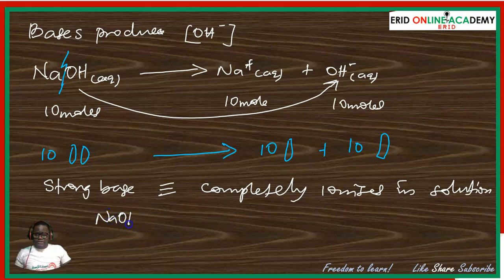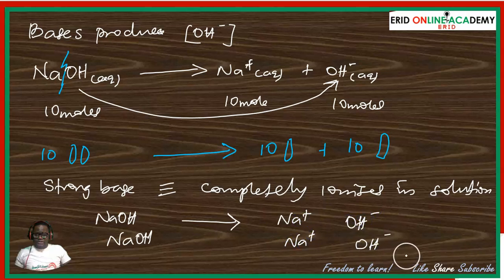If I have two sodium hydroxide molecules in water, and all the ions completely separate, or completely ionize, I would expect to get two sodium ions in solution and two hydroxide ions in solution. If this happens, then the sodium hydroxide is a strong base. So a strong base is one that completely ionizes in solution.